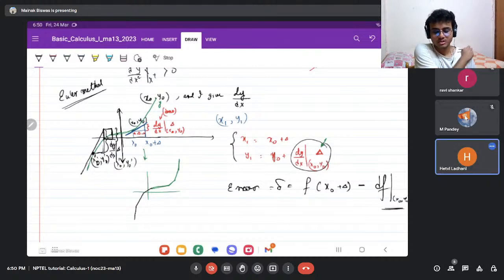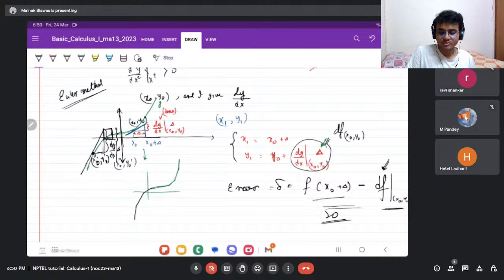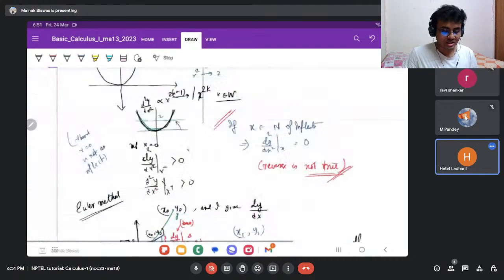Yes, sir. We have defined this as df at x0, y0, or the differential. So in case it's a convex looking function, this will be positive, right? Your curve is above the tangent. And in case your curve is lower than the tangent, your differential value will be greater compared to your function value, so it will be negative. Agreed? Yes, sir.